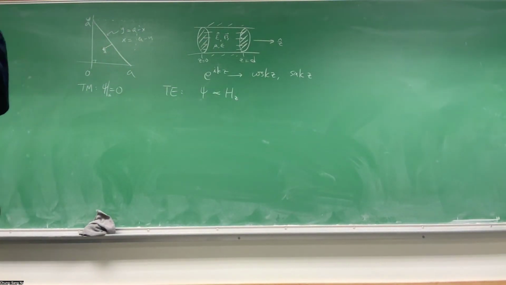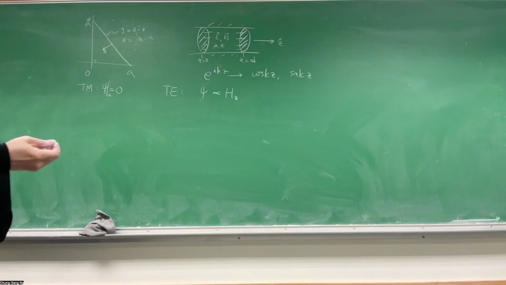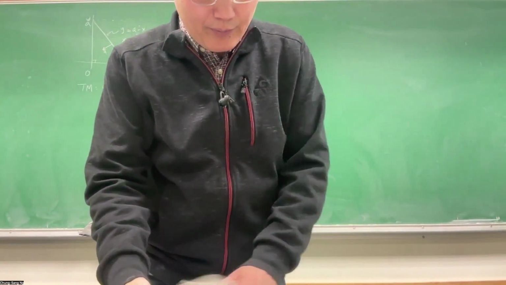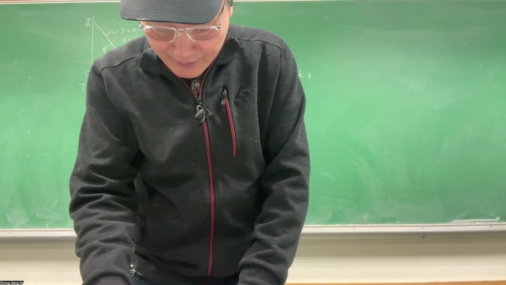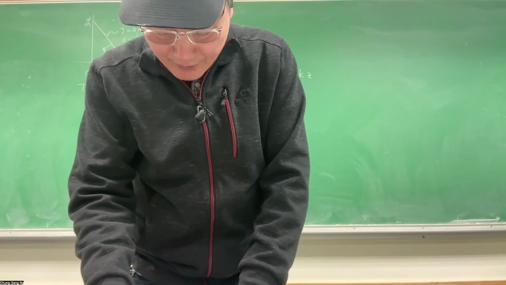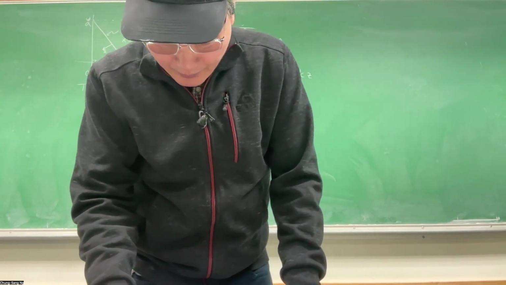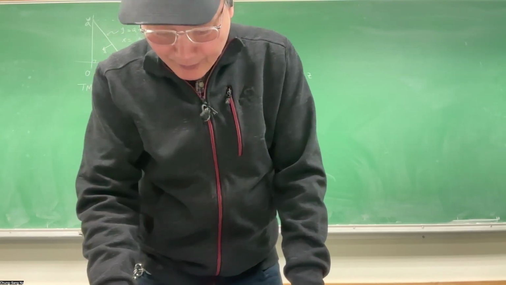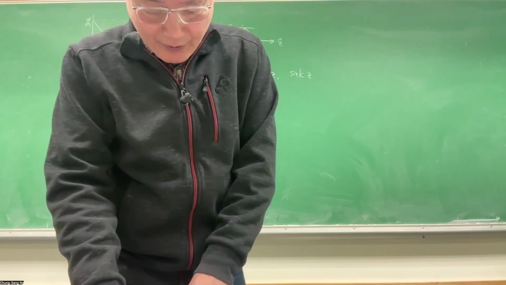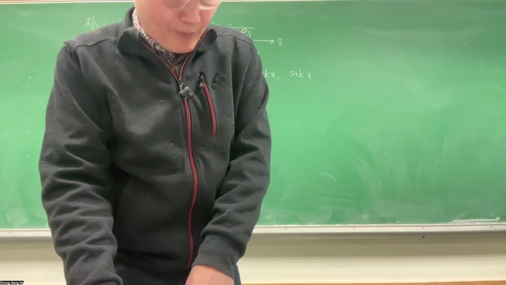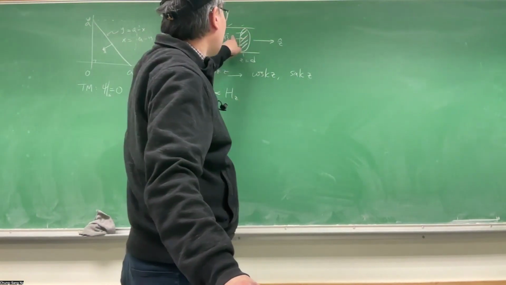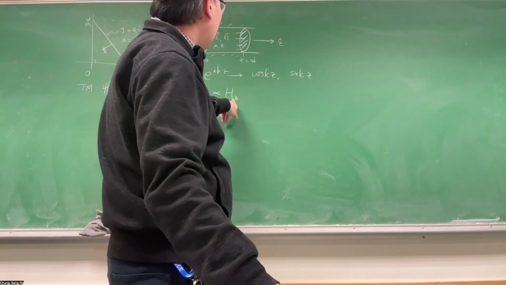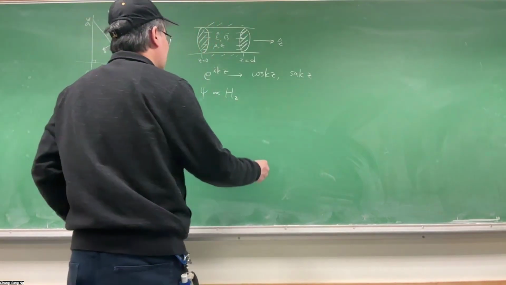If you go back to the first section, you know that for a perfect conductor, H perpendicular is 0. Perpendicular in figure 8.1 means perpendicular to the surface, which is this direction. Because Hz is H perpendicular on the surface, that is 0.